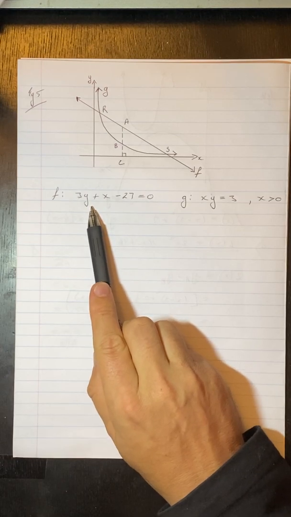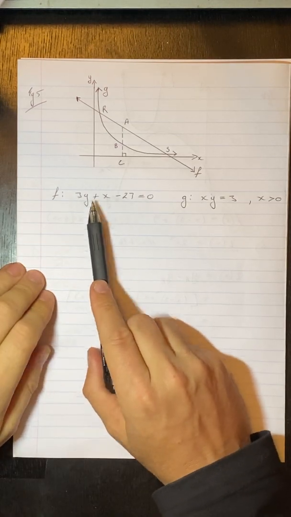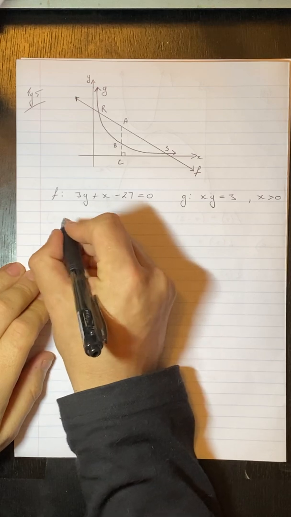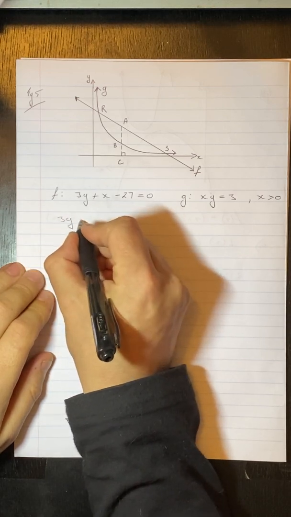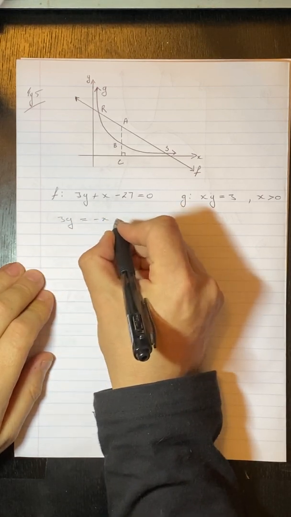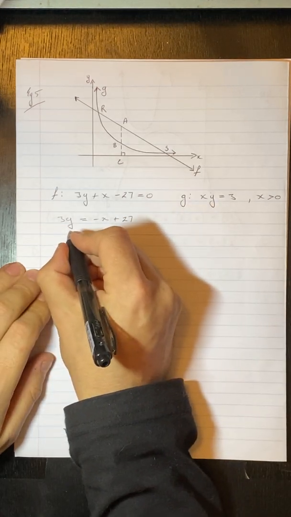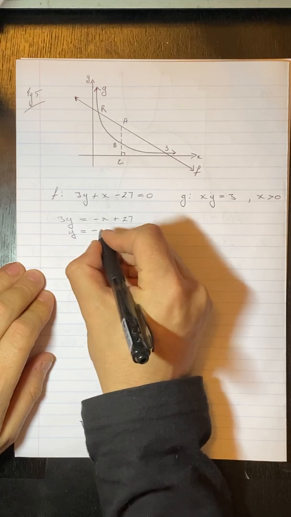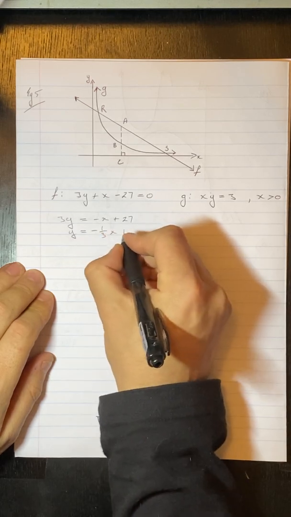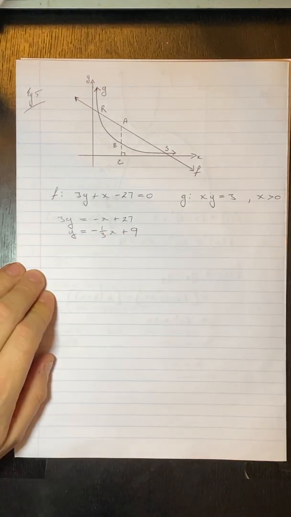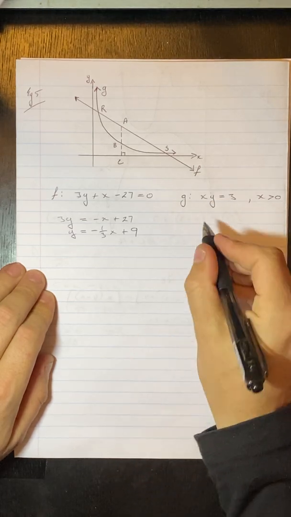I want to get this in the form y is equal to mx plus c first. So we get 3y equals minus x plus 27. I'm going to divide through by 3, and we get y is equal to minus 1 over 3 x plus 9. I'm going to do the same thing for this one here.